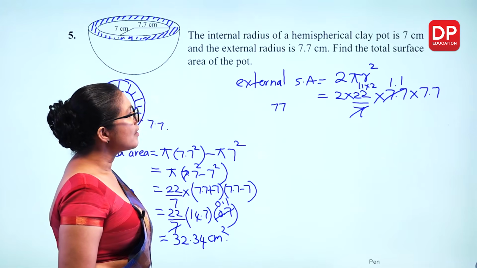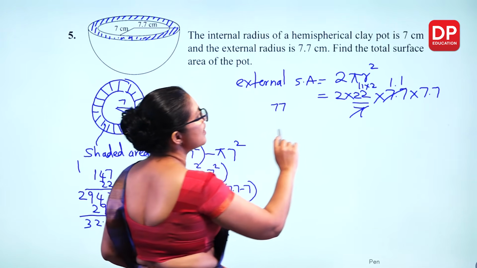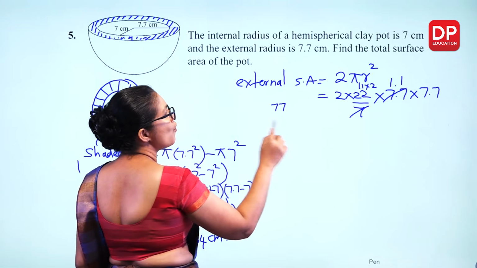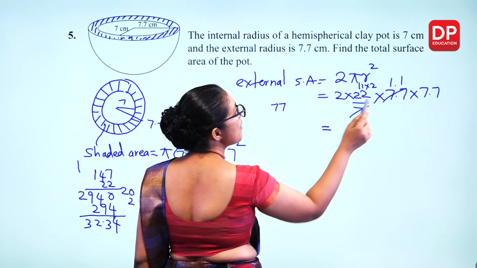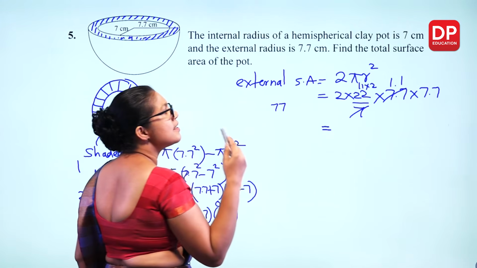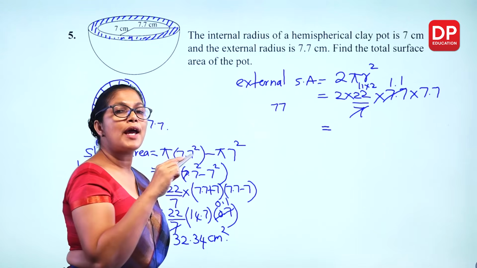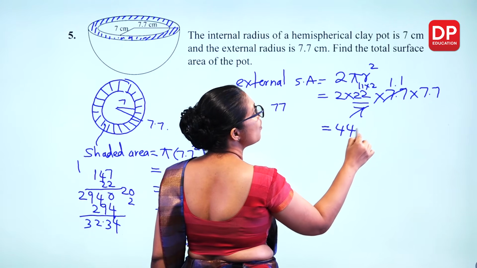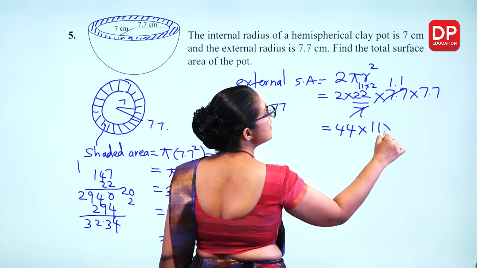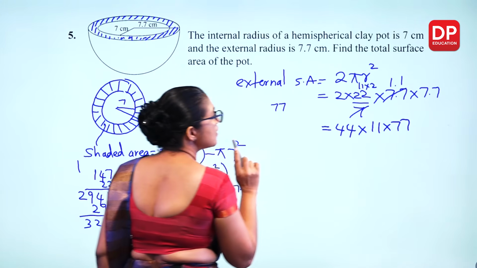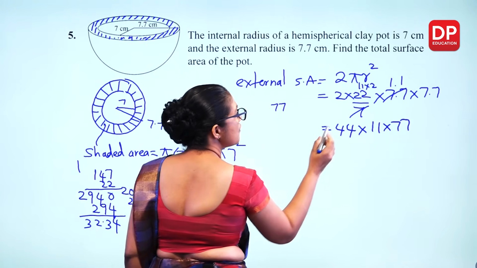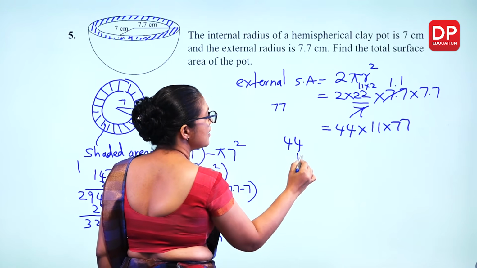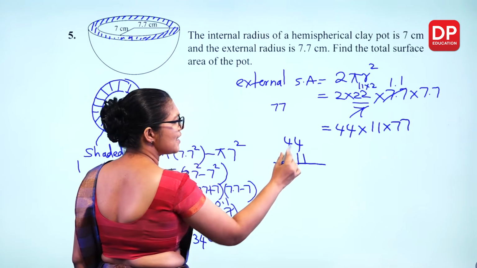Now we'll multiply. So here you get 22 times 2, 44. 44 multiplied by 77 multiplied by 11, and then you can put 2 decimal places. So we'll multiply 44, 11, 77. So 44 times 11. What's the short method?